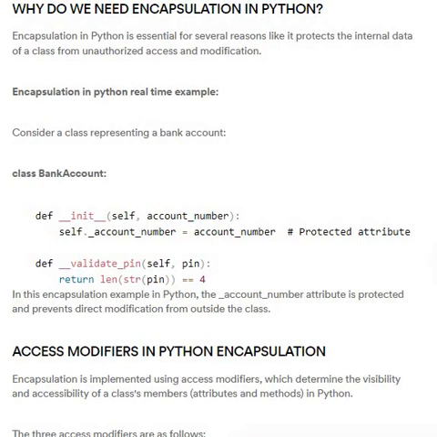I have an init method with one attribute as account number. Look at the method definition, validate pin. The account number attribute is protected, and it prevents direct modification from outside the class.